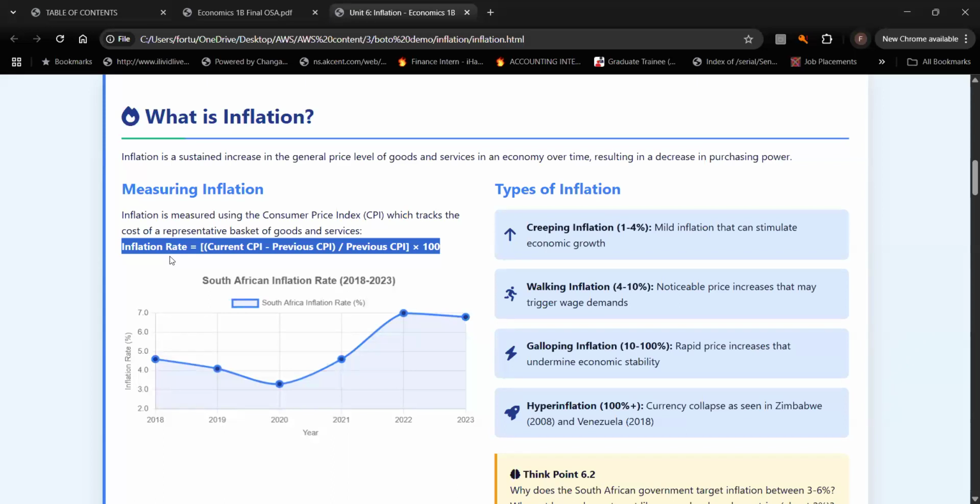All right, so we're not looking at the price of fuel only, or the price of bread only, but at the increase in the prices of this consumer basket of goods and services.